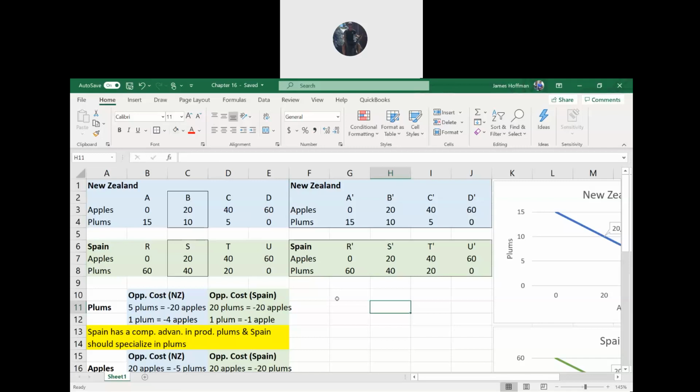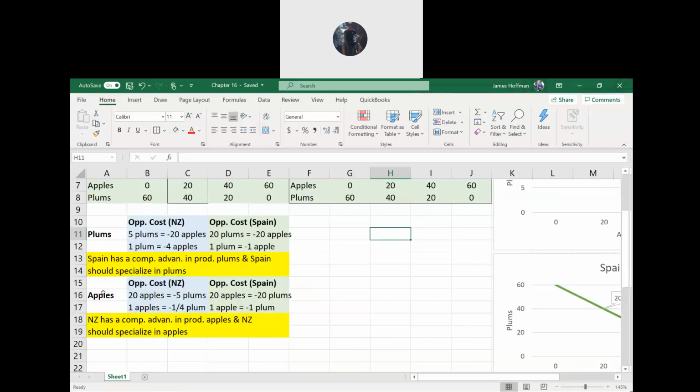So New Zealand is specializing in apples, so they can't get any more apples because they're the only ones producing it. The easiest thing to do, I think, is to stick with the good they're specializing in and just leave those points the same.